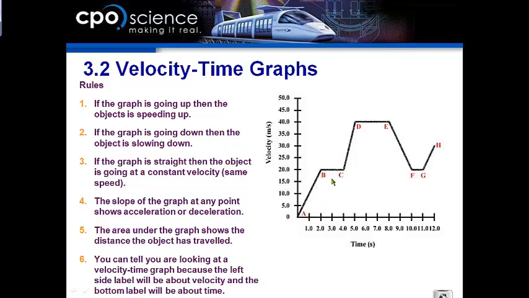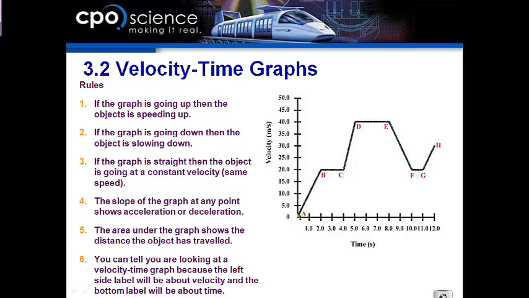Now the slope of a velocity time graph will tell you if an object is accelerating, or speeding up, or if it's decelerating, or slowing down. So for instance, between A and B, the slope is going to be 20 divided by 2, which is 10 meters per second squared.